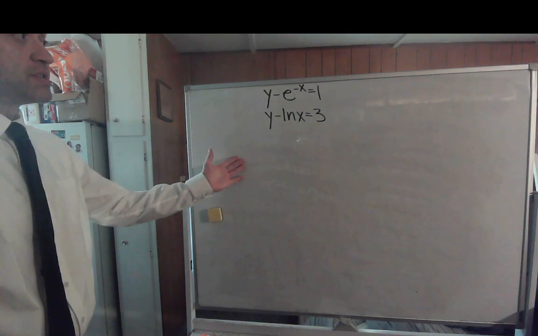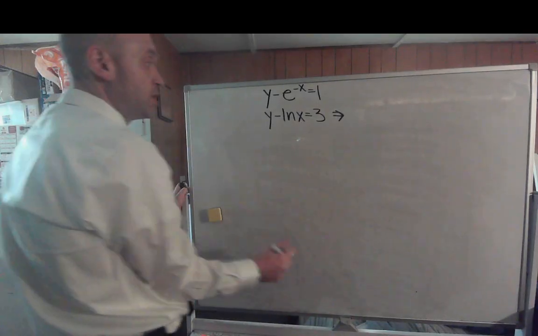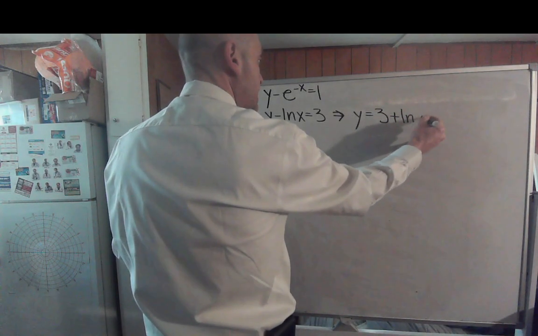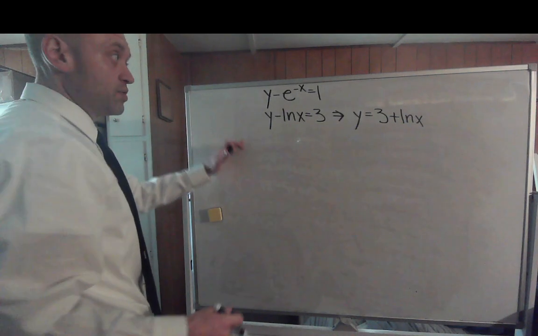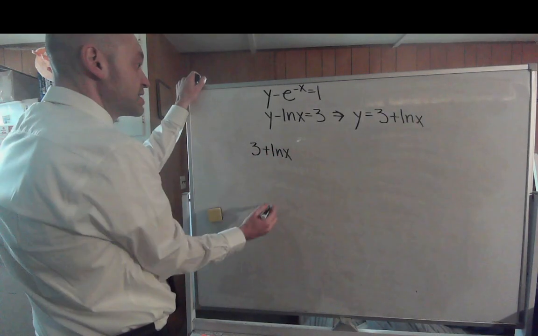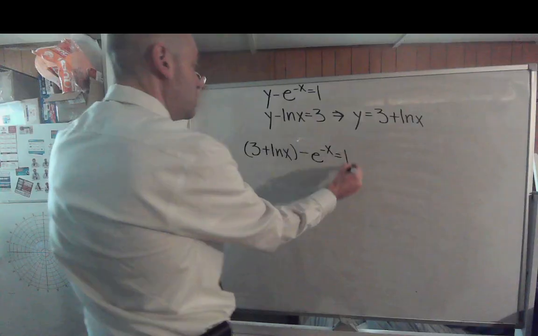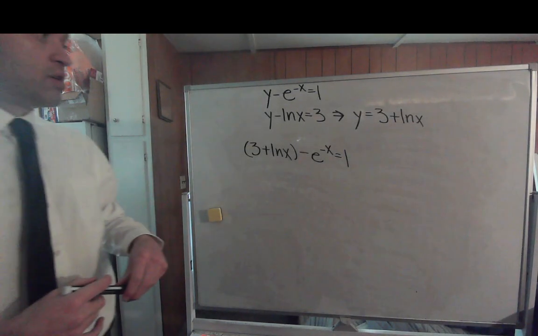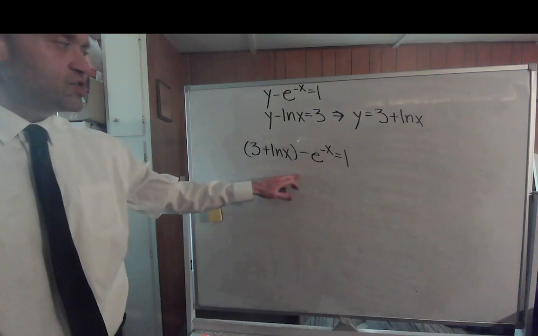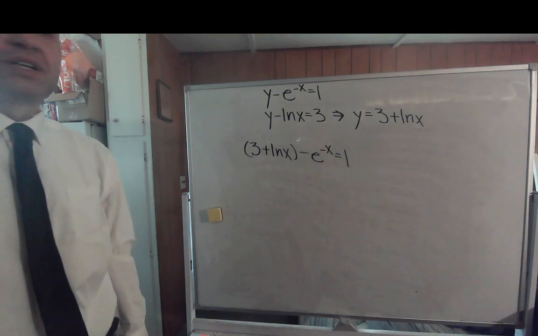Take your pick and do a substitution. Personally, I like the looks of the second one better for a substitution for y. We could say that y equals 3 plus the natural log of x. So now we can substitute all that in. We should end up getting 3 plus the natural log of x minus e to the -x equals 1. Well, you have two inverse operations in the same equation. How in the heck are you going to solve that algebraically? As it turns out, you don't.